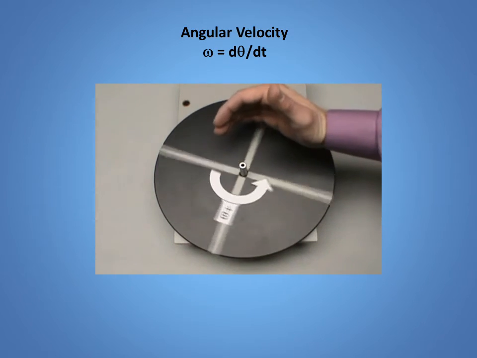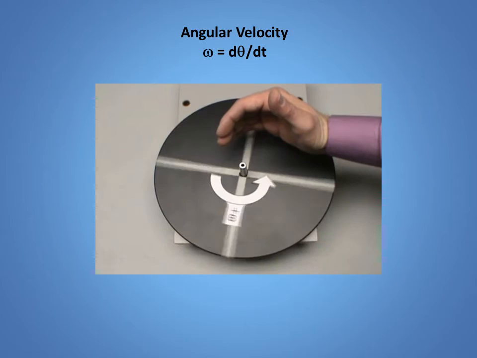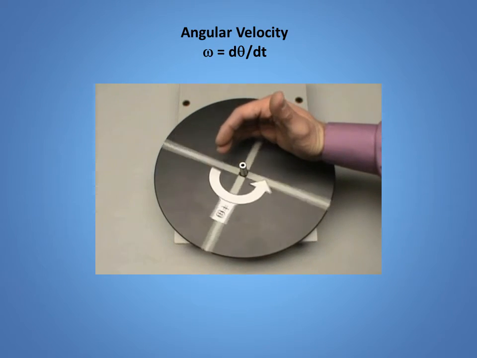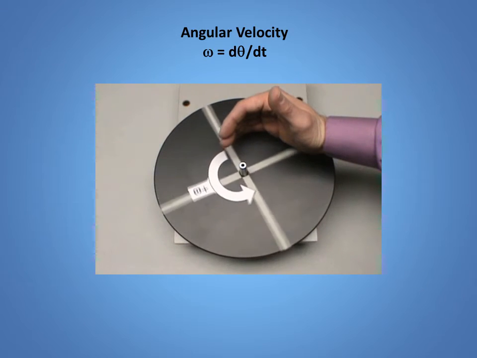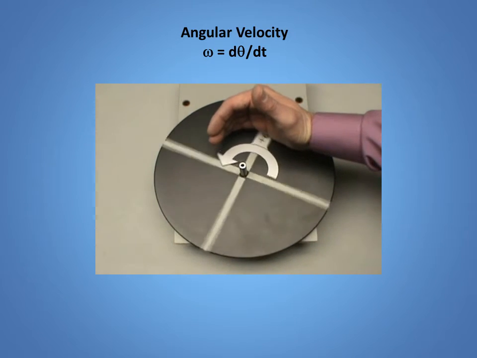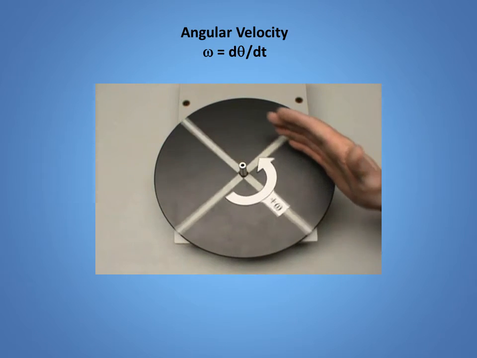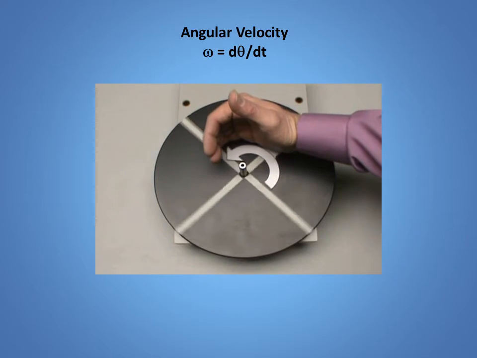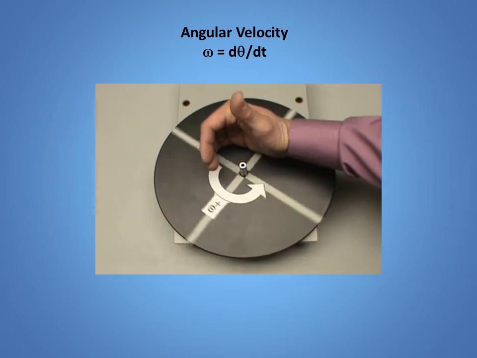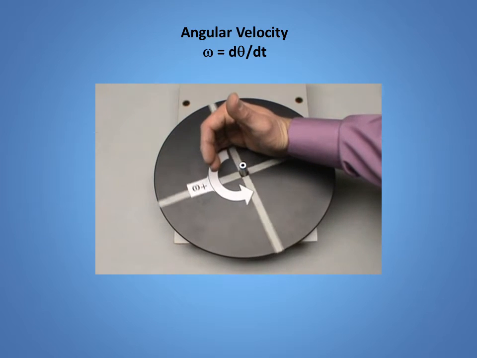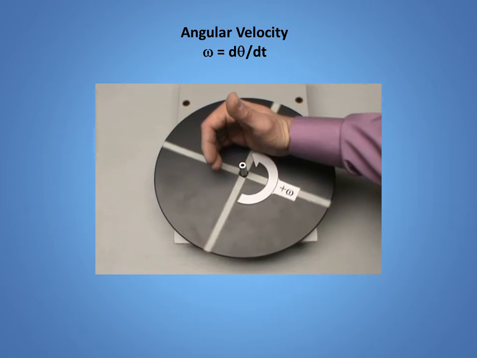Our right fingers wrap around the rotation axis in the direction of rotation, and our right thumb points along the axis in the direction of angular velocity.